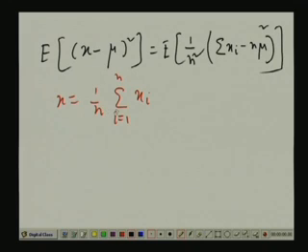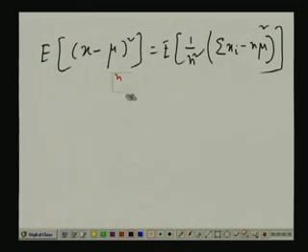I want to take 1 by n outside the bracket. So, it becomes 1 by n square. So, mu gets multiplied by n. Which means you can take 1 by n square outside because it is not random.